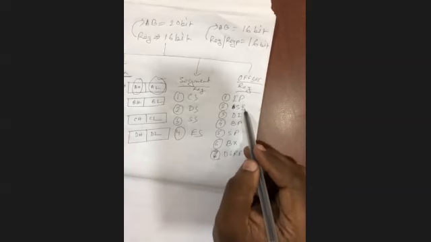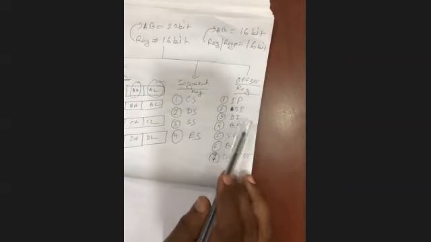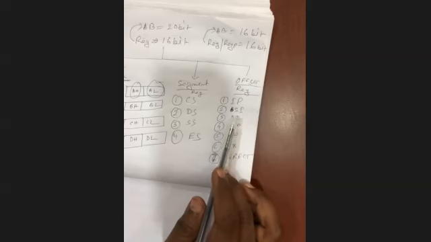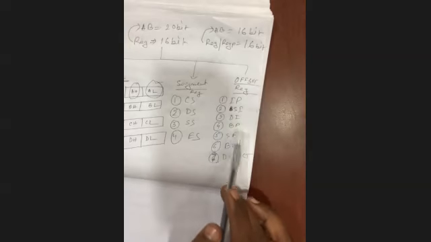Instruction pointer, source index, destination index, base pointer, stack pointer. Is it clear?